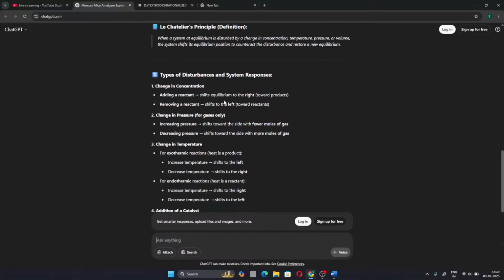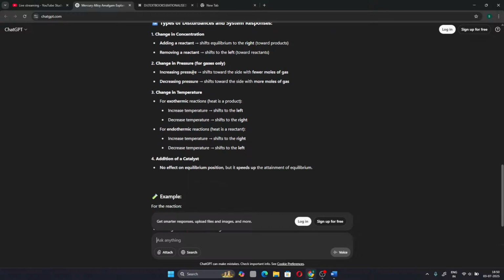Types of disturbances and system responses: change in concentration, adding a reactant shifts equilibrium to the right, towards the product. Removing a reactant shifts it to the left, towards the reactant. Change in pressure for gases: increasing pressure shifts towards the side with fewer moles of gas.